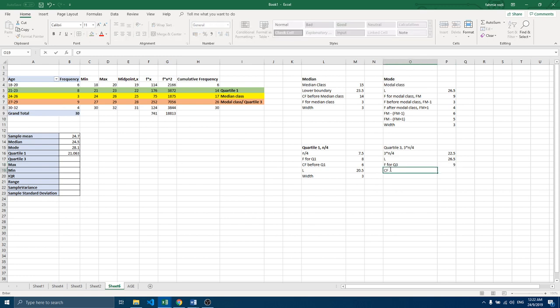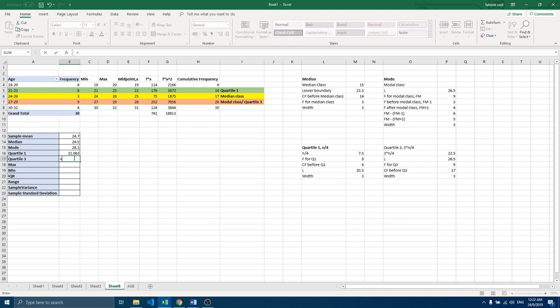Cumulative frequency before quartile 3 is 17, and width is 3. Okay, so go back here.